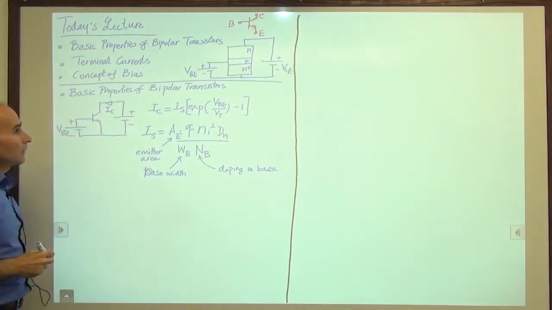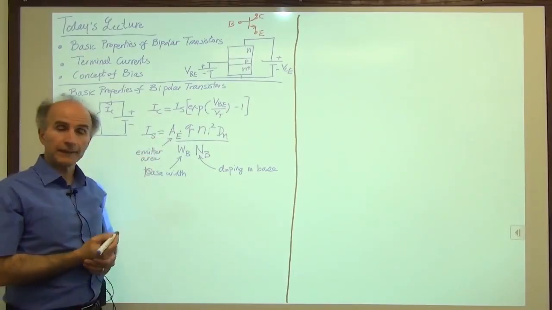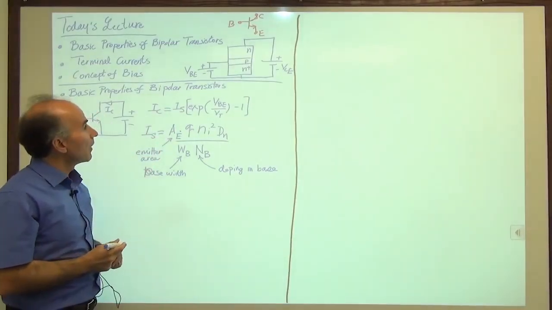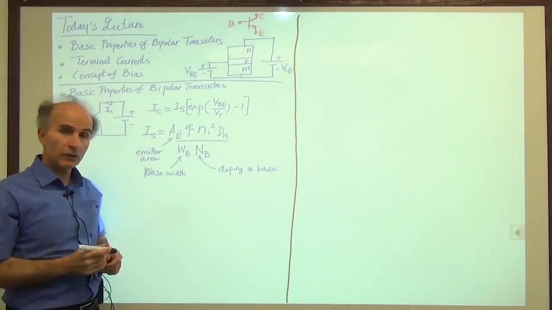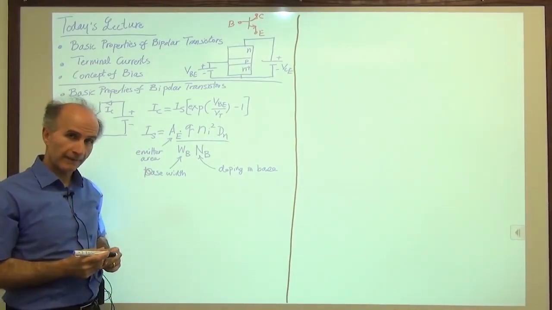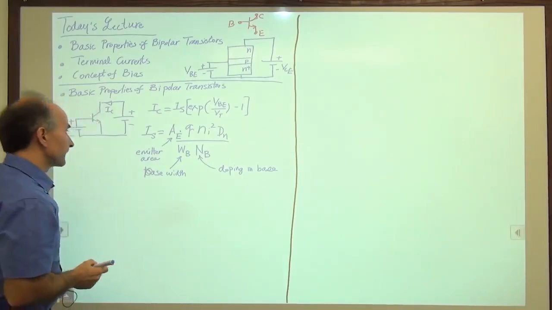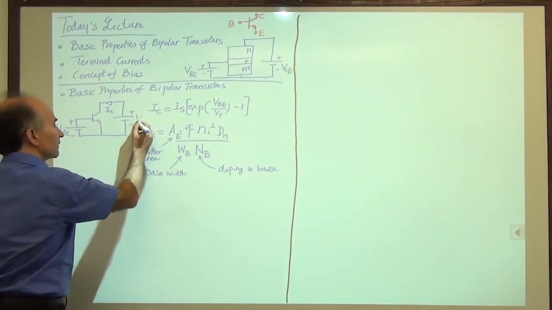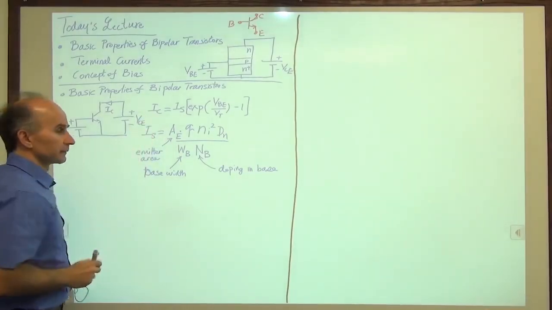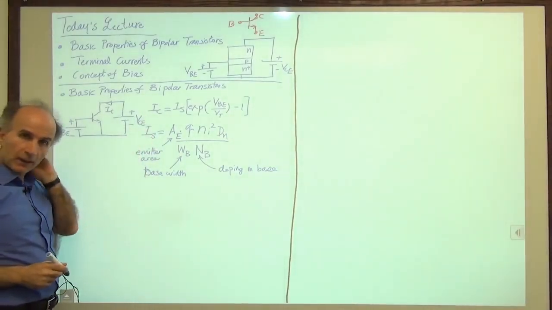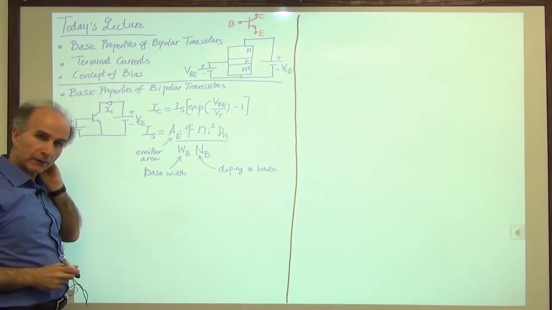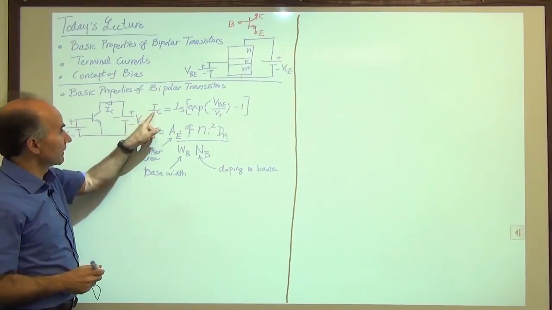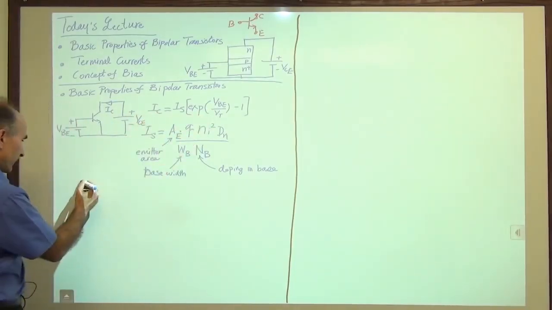Okay, so this relationship is very interesting. It says that IC is an exponential function of the base emitter voltage. But I also have another voltage here, VCE. All right, so let's go ahead and plot IC as a function of VBE.